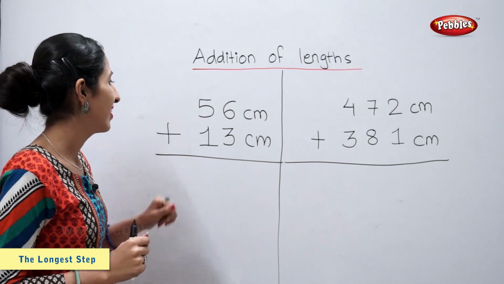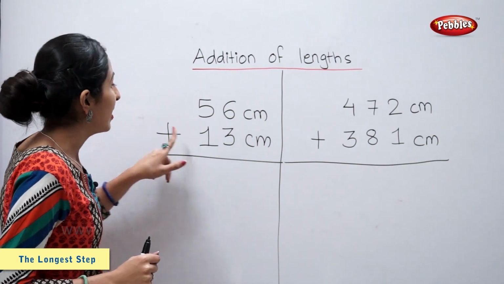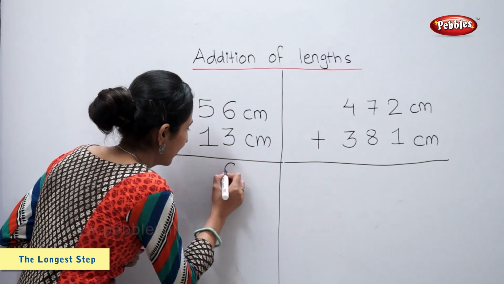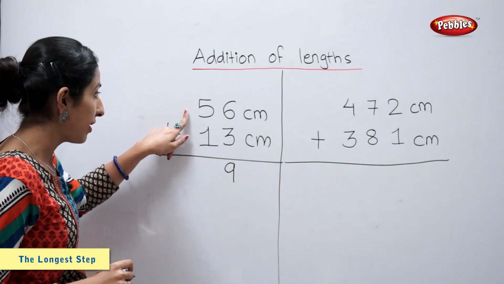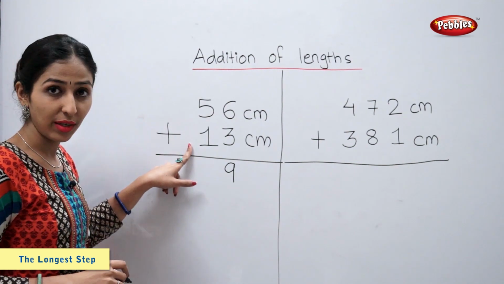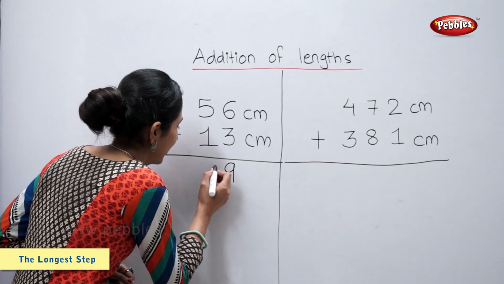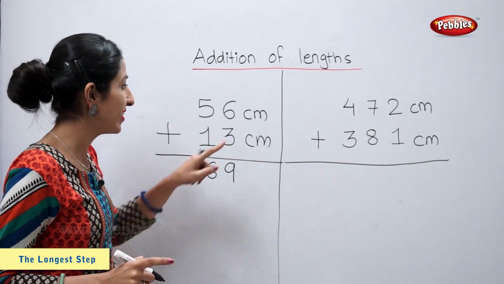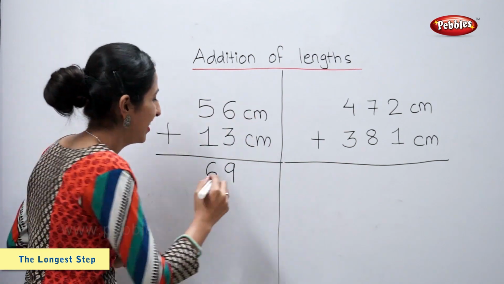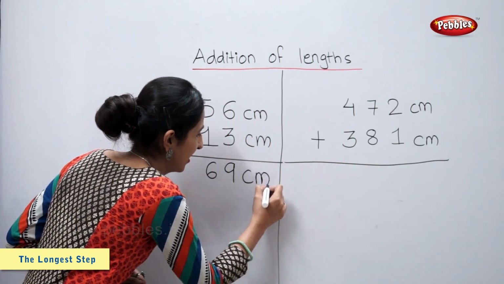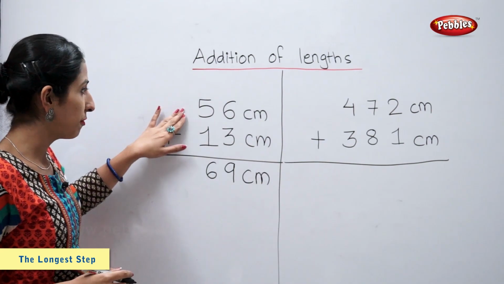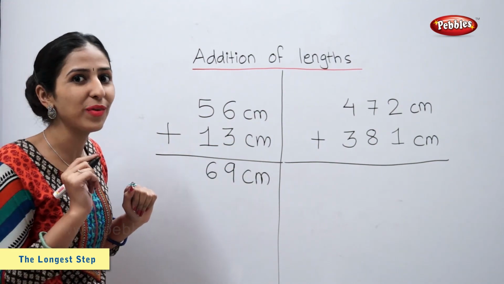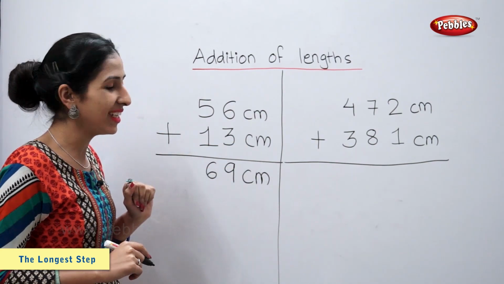Let's count. 6 plus 3 is equal to 9. 5 plus 1 is equal to 6. Let's write the unit. Our unit is centimeter. So, 56 centimeters plus 13 centimeters is equal to 69 centimeters.